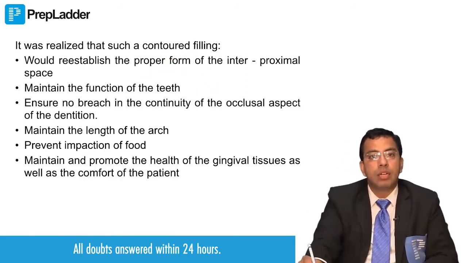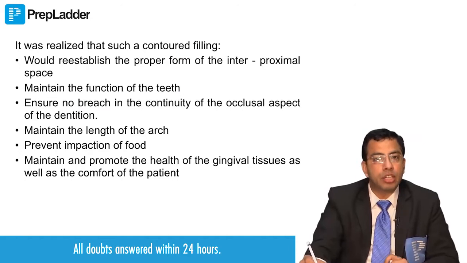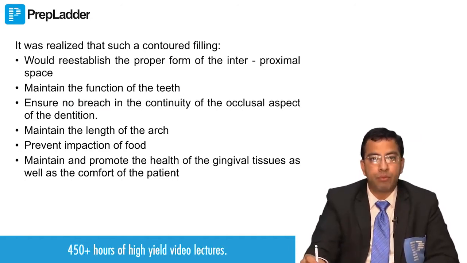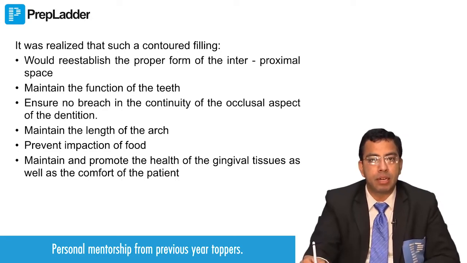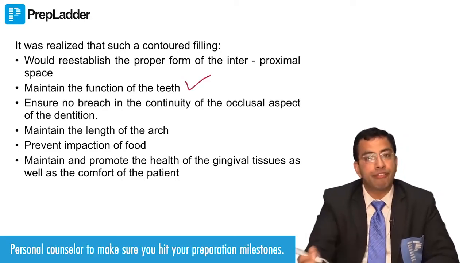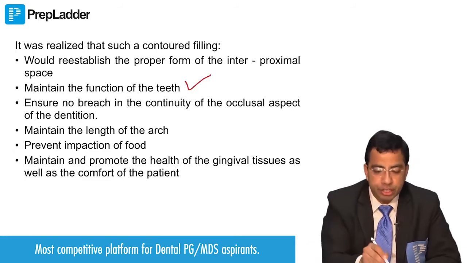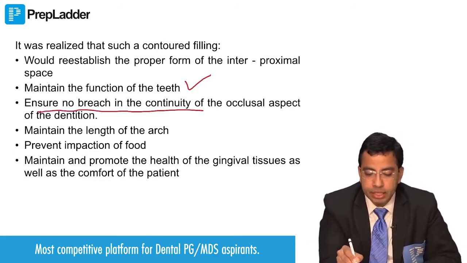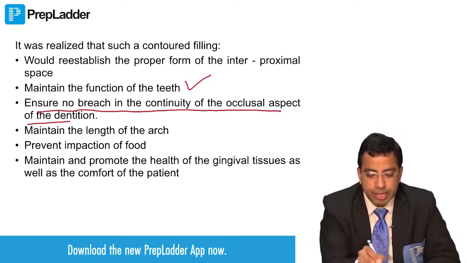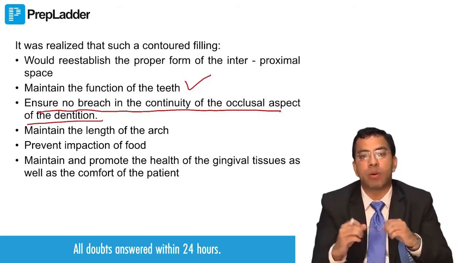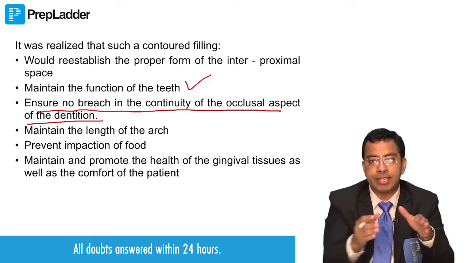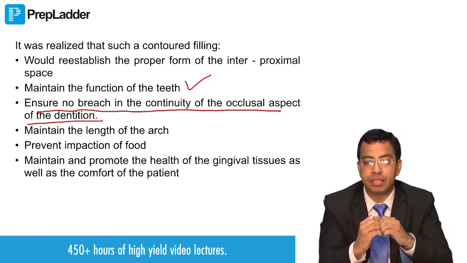It was realized that such a contoured filling would re-establish the proper form of the interproximal space, it would maintain the function of teeth, and it would ensure there is no breach in the continuity of the occlusal aspect of the dentition. That means on the occlusal surfaces, all the marginal ridges of the adjacent teeth would be in contact with each other.